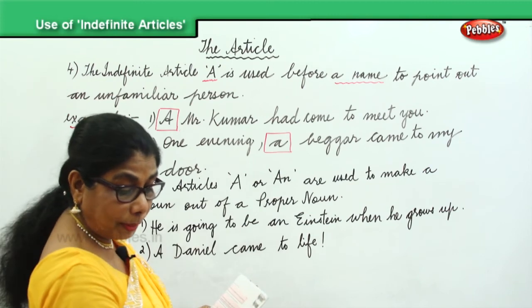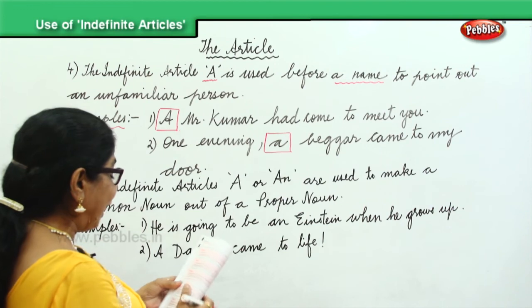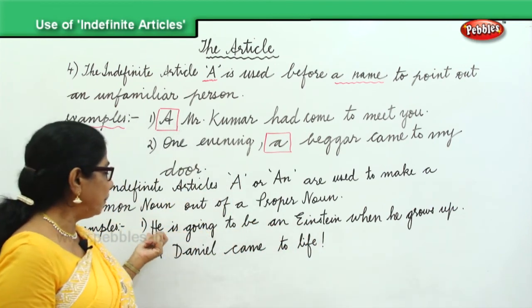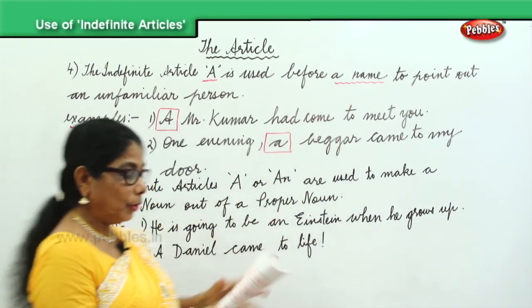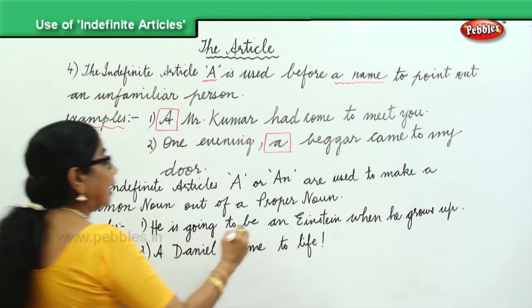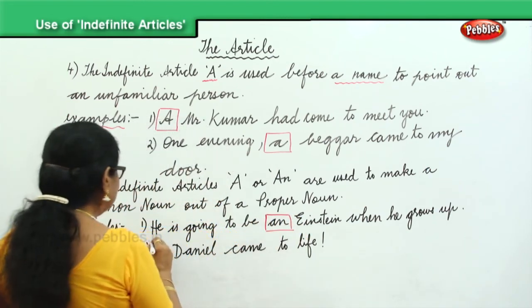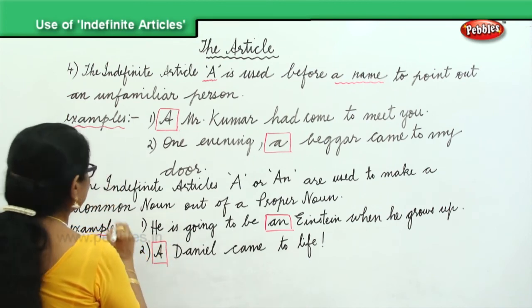Now Daniel is supposed to be a wise man. Now Einstein is an intelligent person. Now you are saying this person, he is going to be an Einstein when he grows up. So here, and here, a Daniel.